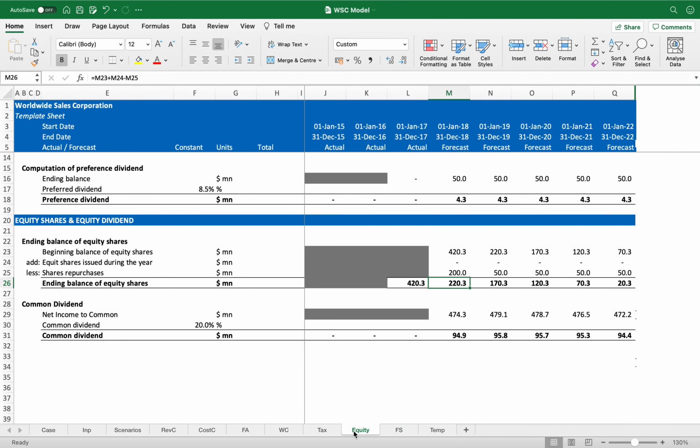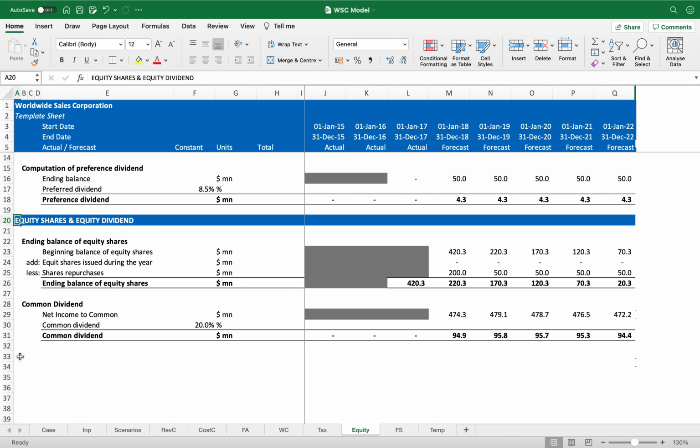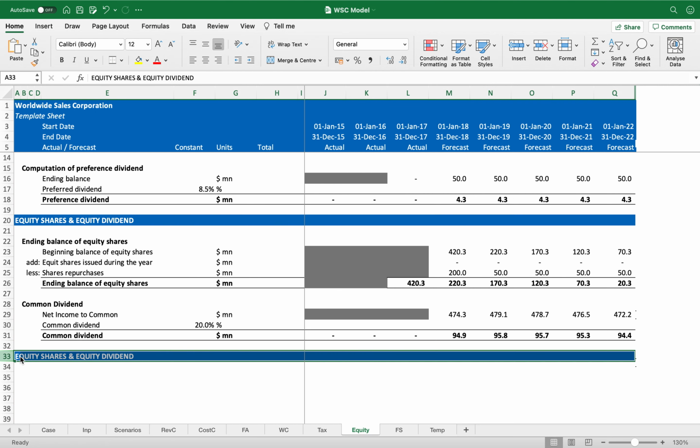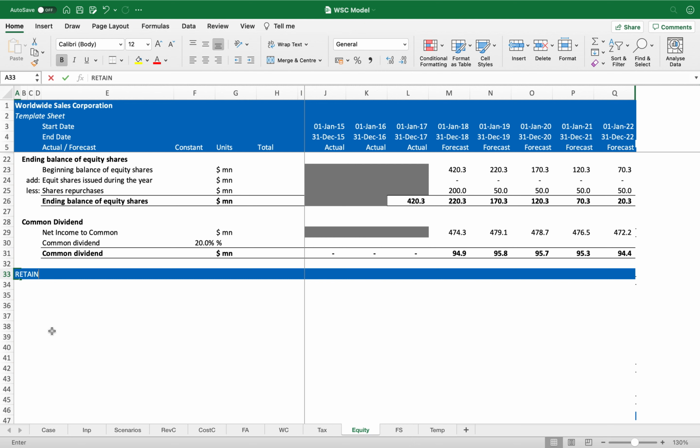Now, equity schedule is not over yet. Why not? Because we still have one element of shareholders' funds that we haven't yet computed, and which is known as retained earnings. You might have heard about reserves and surpluses. This is what retained earnings are, right?